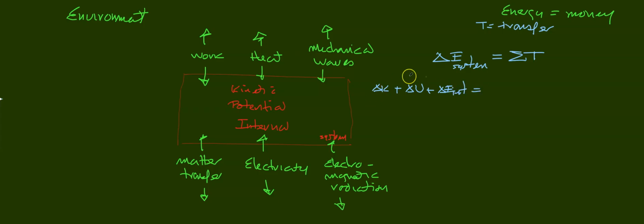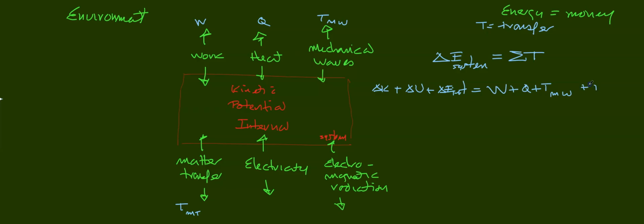So in order to change any of these or all of these, you need energy to cross the boundary. So this could be through work. This is work. Heat, we use letter Q. This, the book calls transfer of mechanical waves, so T mechanical waves. This, the book calls transfer of matter, or actually mass transfer.